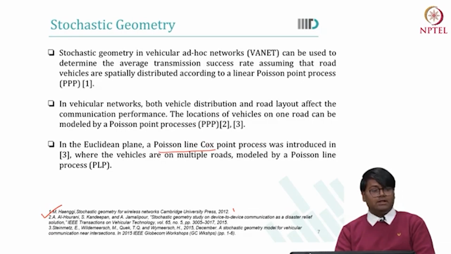We model the spatial layout of the roads by a Poisson line process, what we call a PLP, and the location of the nodes on each line or road by a one-dimensional Poisson point process, thereby forming a Cox process driven by a PLP, or a Poisson line Cox process. So, this is just a brief introduction to stochastic geometry. We request our learners to refer to this book by Martin Haenggi for a more detailed explanation.